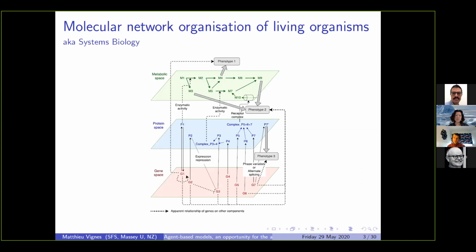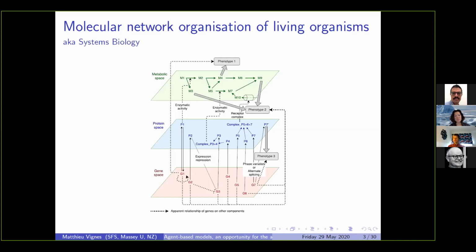The translation of gene 3 and gene 4, they interact together to form a complex that would be used as an enzyme in the reaction that transforms metabolite 5 into metabolite 7. And say metabolite 4 would trigger one phenotype of interest. So you have a large number of complex relationships.